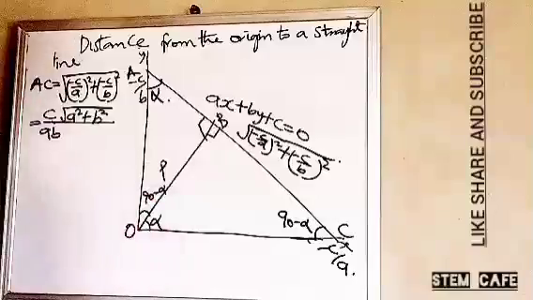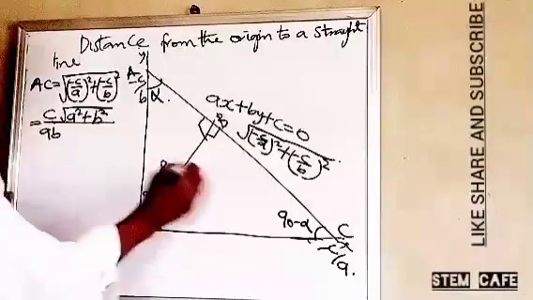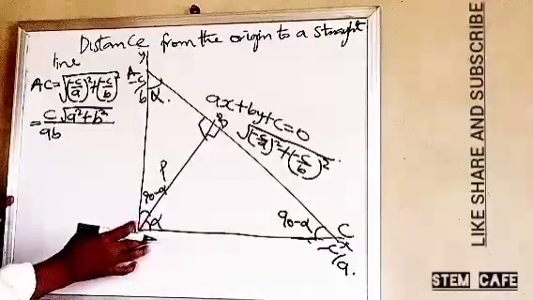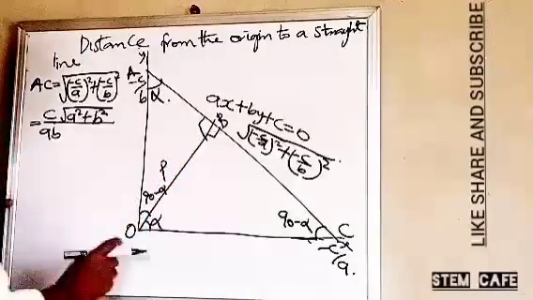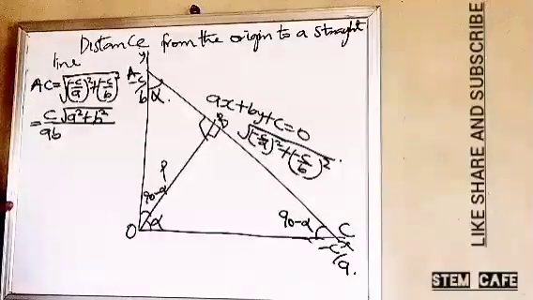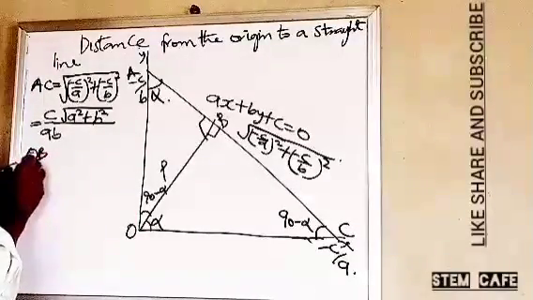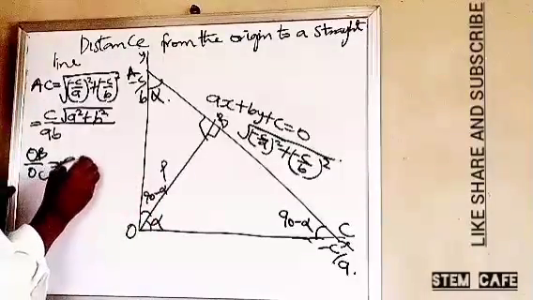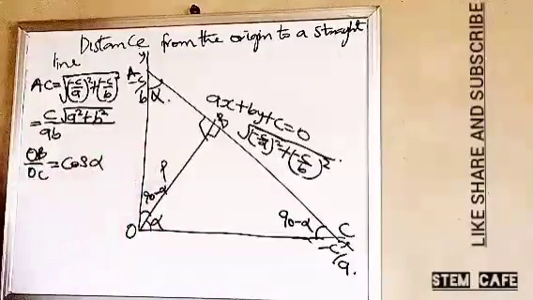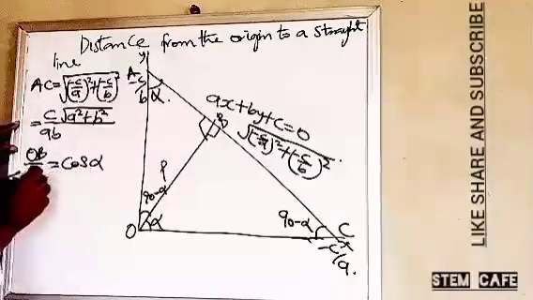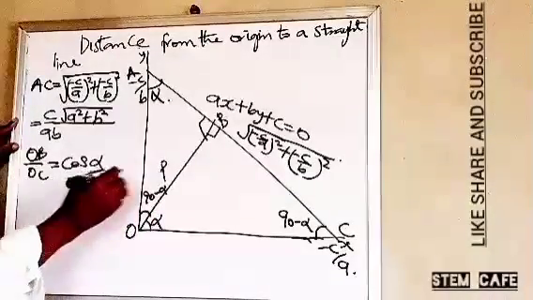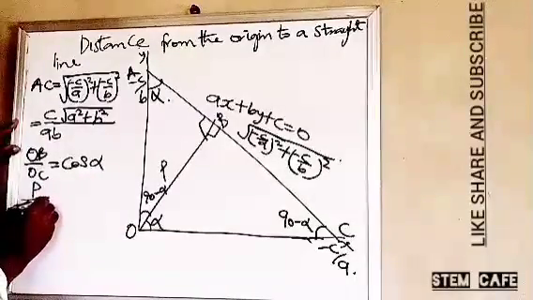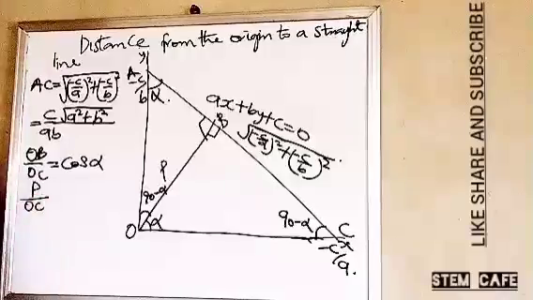And you can see for triangle OBC, if you consider the angle alpha here, OB is going to be the adjacent and OC is going to be the hypotenuse. Therefore, OB over OC is going to be cos alpha. Then that means P over OC, P is equal to OC cos alpha.